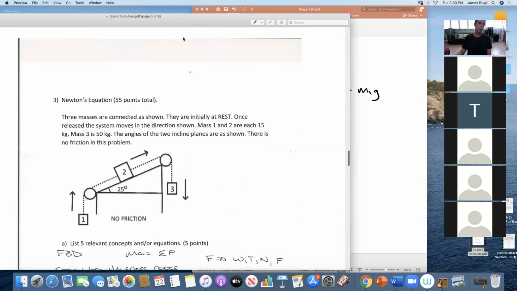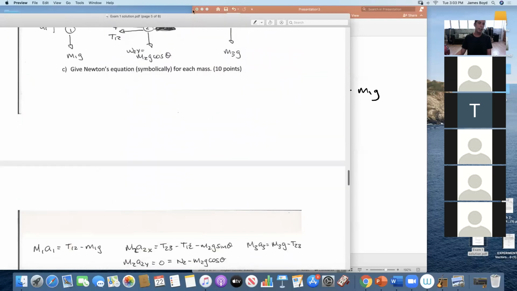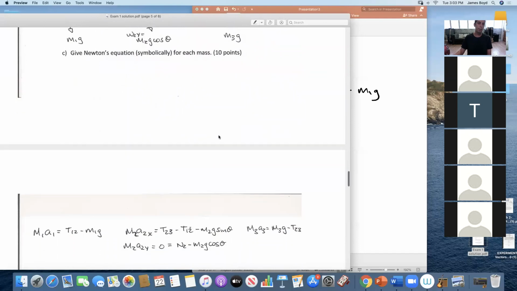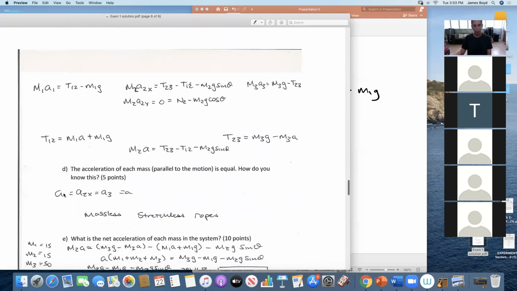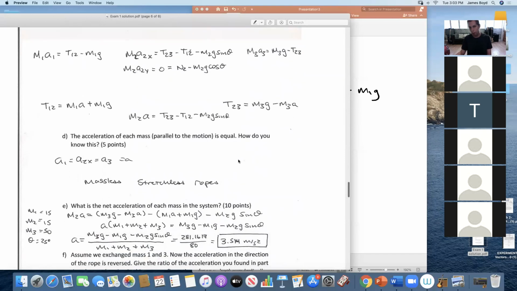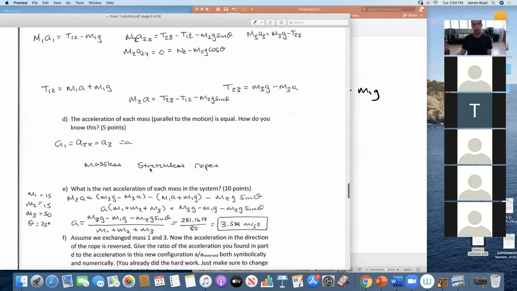I'm sure you understand. I guarantee this part will be on the test exam somewhere. 3D, word for word, this will appear somewhere.